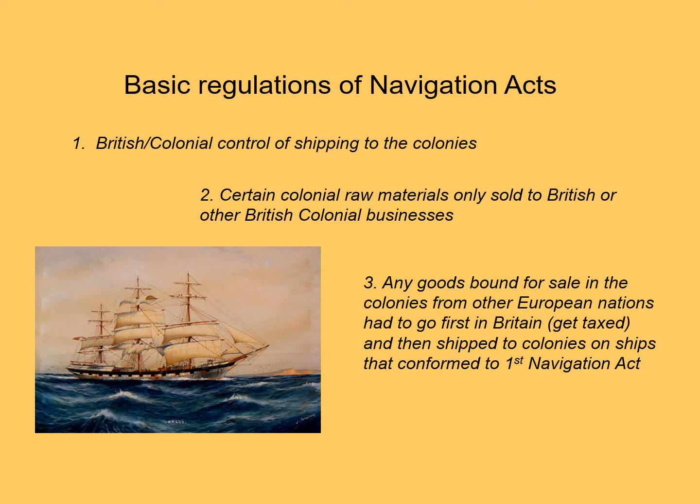So that the profits, right, go to British businesses or colonial businesses. Even though we know the colonies have to buy some stuff from France or some stuff from Spain, Britain will get a cut of the action.